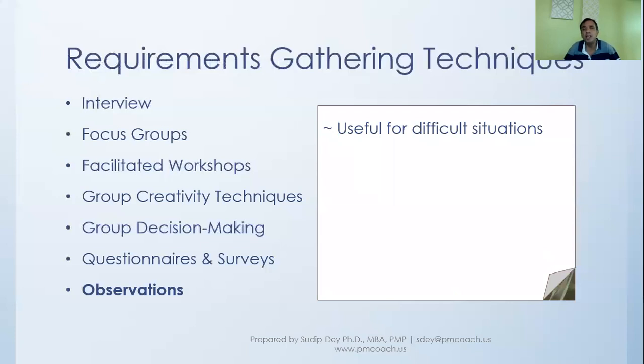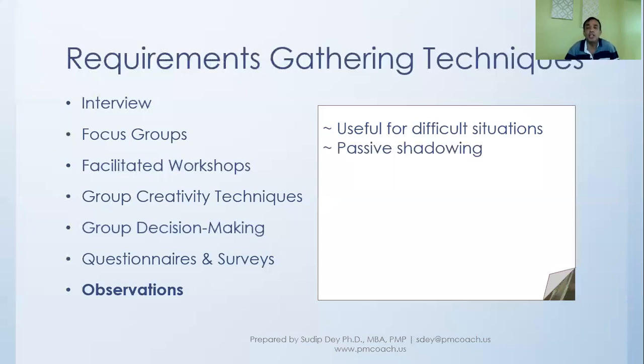Difficult situations meaning where it is not easy to share the requirements. Maybe because it is not so clear, or there are a lot of insights involved in these requirements, or in some cases maybe the user, whoever is supposed to share with you, is not willing to share that information. In such a situation, you can go in for observation.